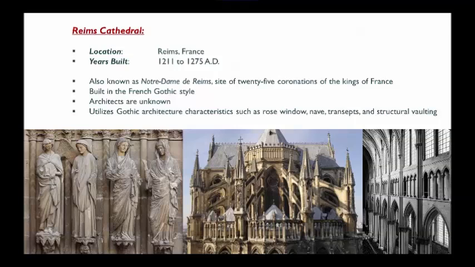There are many on the outside and many on the inside that are unique to this particular cathedral. It was the site of many coronations of French kings, so not only is it architecturally significant, but it's significant in the history of France.